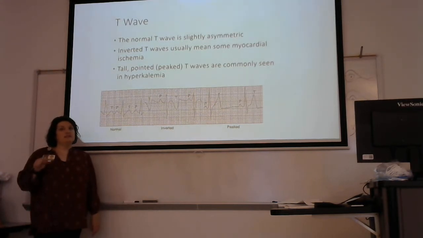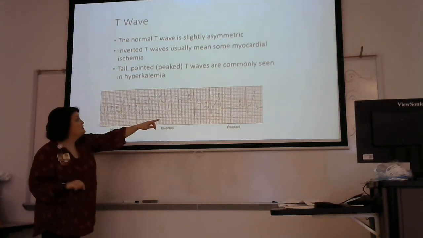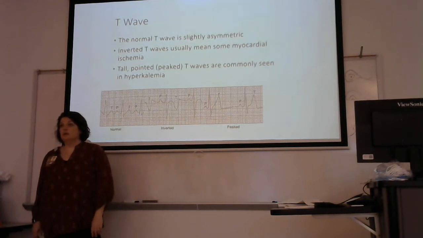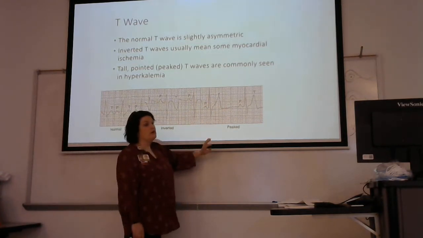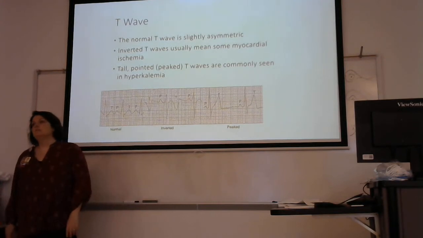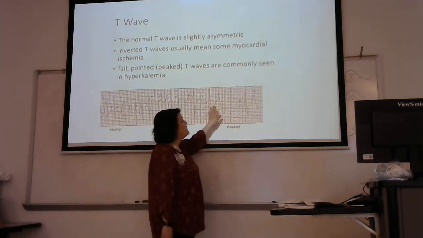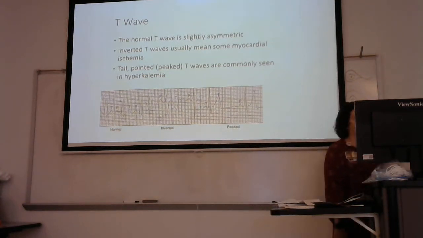What's your normal potassium level? 3.5 to 5, yeah. So in this situation, it will be higher than normal. Okay? And the reason we worry about that is it can cause some ventricular dysrhythmias. Okay, so we get worried when we see these peaked T's.